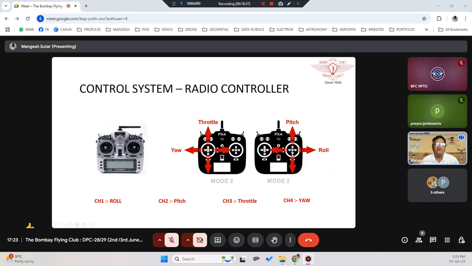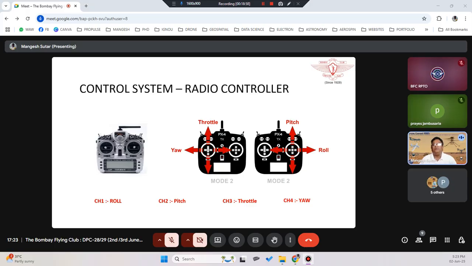If you reverse this, with pitch and roll on your left side and throttle on the right side, it becomes mode 1 configuration. Very few people use mode 1. I think some people somewhere in Canada, even in the US, use it. It's like people who are lefty, they normally use mode 1 configuration.